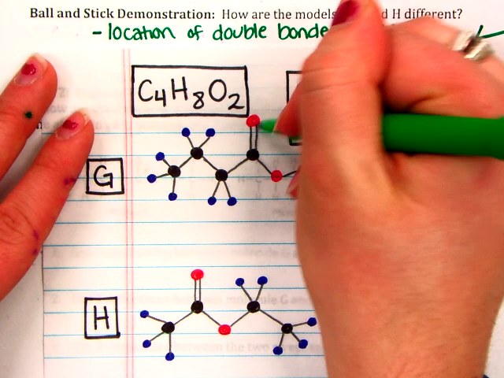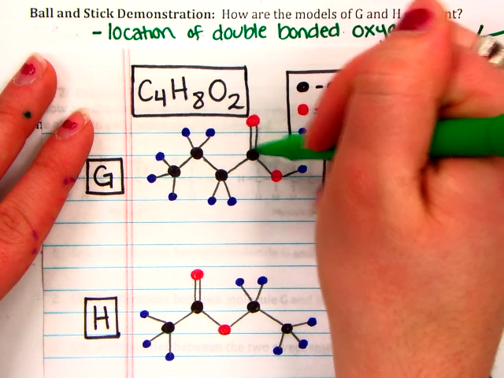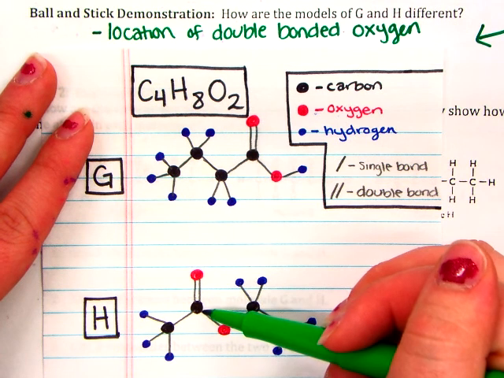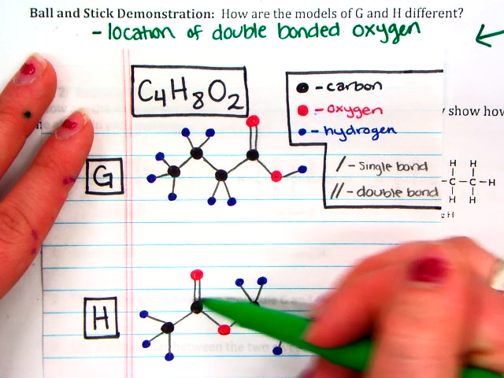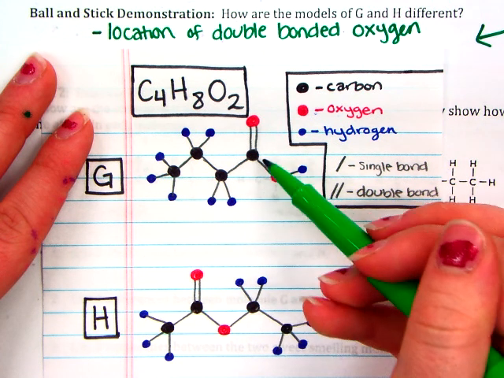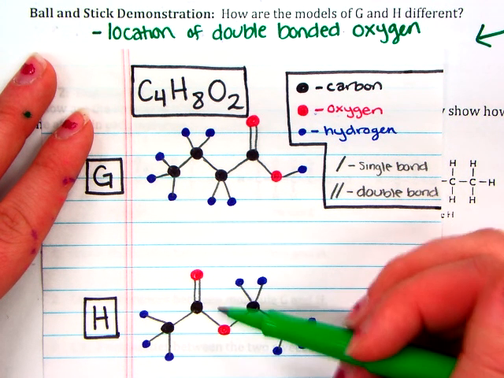In G, our double bonded oxygen is on an outside carbon, on this last carbon. While in H, our double bonded oxygen is on one of the inside carbons. They're bonded to 2 different carbons. That changes the structure.